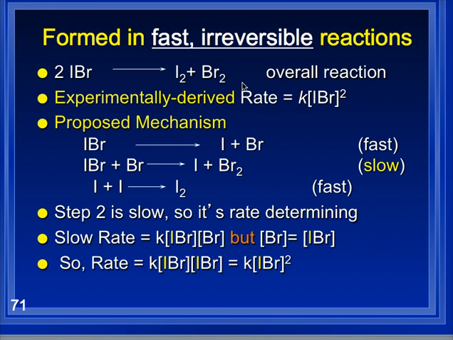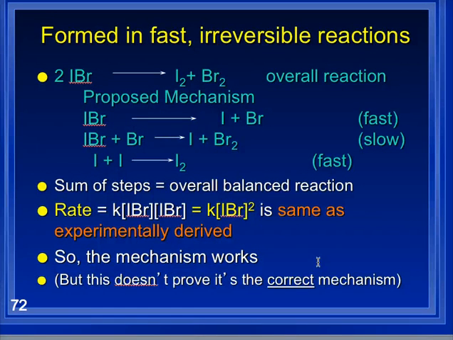So what we have to do is look at the equation above, seeing that the mole ratio between Br and IBr is 1 to 1, we can substitute into the rate law for Br, we can substitute in IBr and come up with the overall rate law.